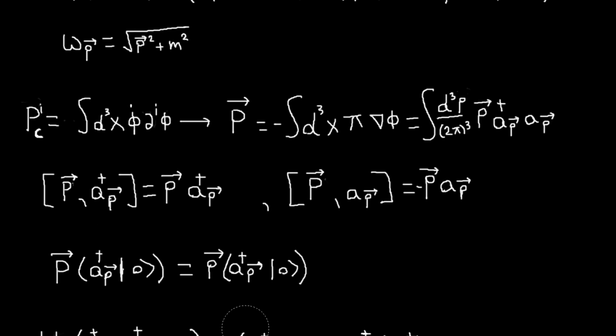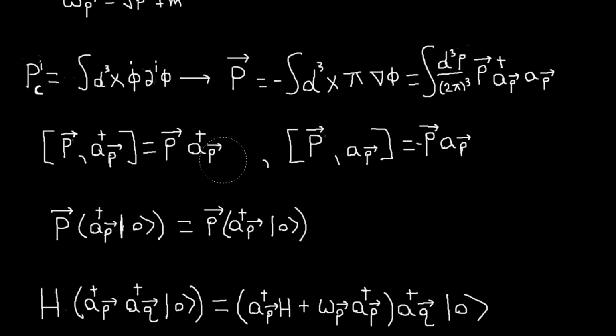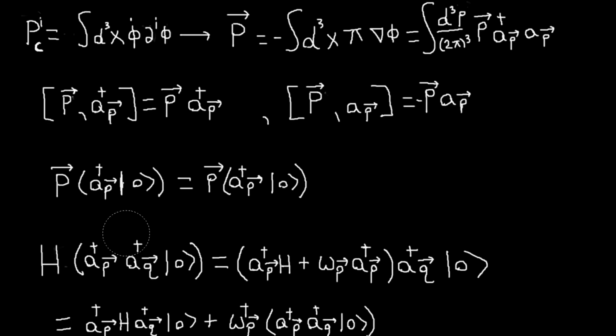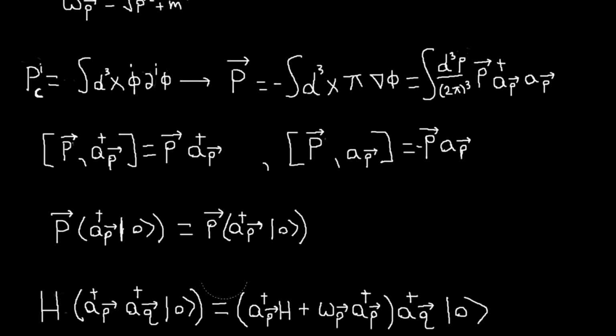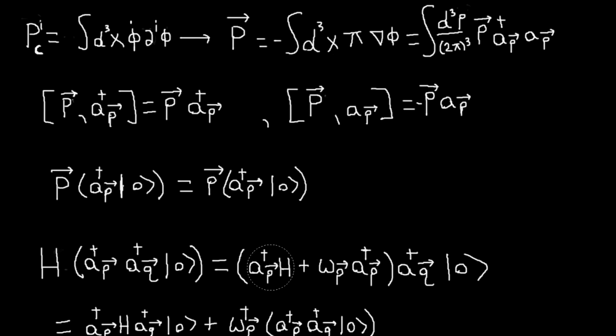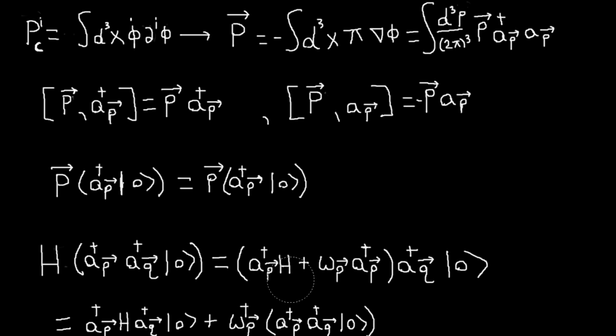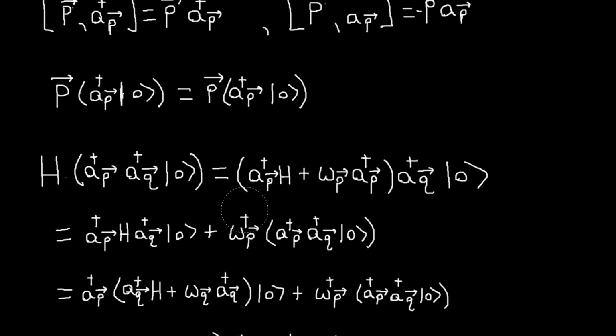And then obviously we want to know, what about a two-particle state? If we create two particles, one with momentum p, one with momentum q, what is the energy of that state? You just use the commutation relations that we found before, only you have to do it twice now. Anyway, you can work it out, as you see here.